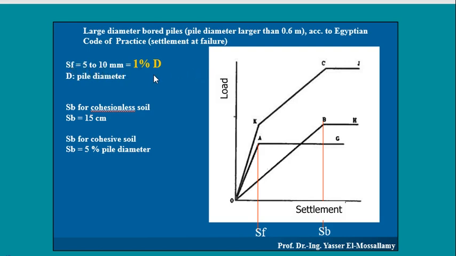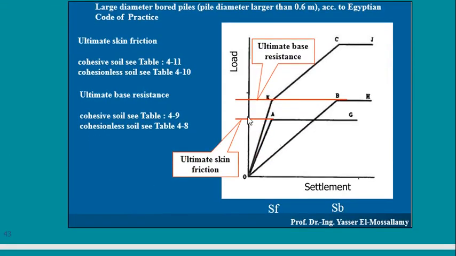If it is more or less, then I would take something in this range between 5 to 10 millimeters. So this is SF, and it does not depend on the type of soil. SB for bearing depends on the type of soil. Is it cohesionless like sand or cohesive like clay? In this case, I would take it 15 centimeter or 5 centimeter, and so on.